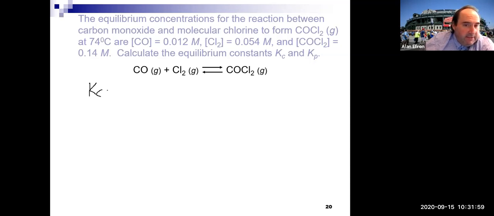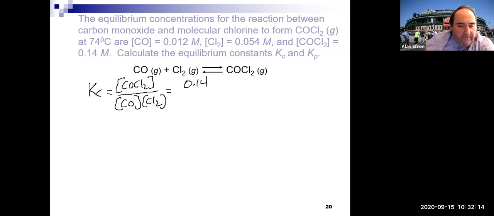So the Kc expression in this case would be, again, our products divided by our reactants, CO and Cl2. And we just want to put all the numbers in the right spots here. So 0.14 up on top, 0.012 on the bottom, and 0.054 on the bottom as well.